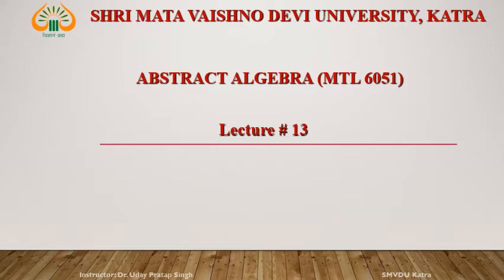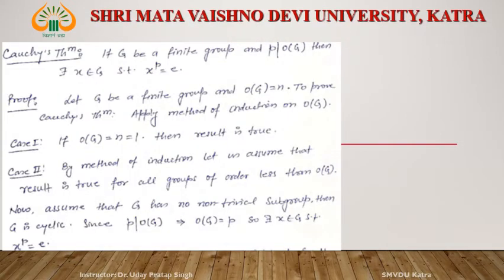In this lecture, we are going to prove Cauchy theorem. What is Cauchy theorem? If G is a finite group and P divides the order of G, then there exists an element x in G such that x to the power P is identity.